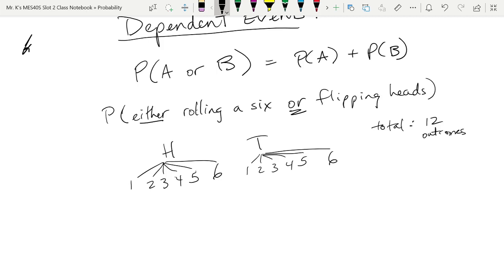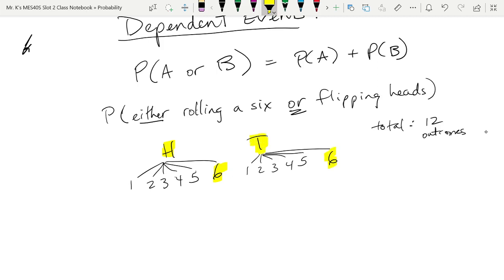Right? What is the probability that either I get a 6 or a heads? Well, that's this answer here. I get the heads and the 6. That's either. It's both, really, but that counts as either. And then there's the tails and the 6.